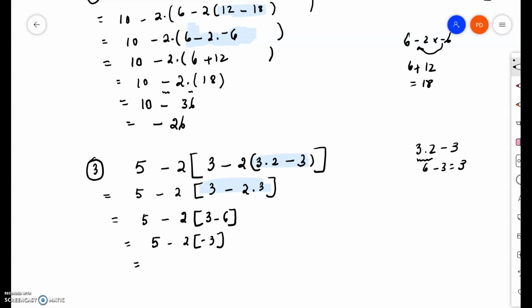Now that we've completely simplified the parentheses, we do the multiplication before the subtraction. So it's 5 minus 2 times negative 3, which is a positive 6. And that is equal to 11.